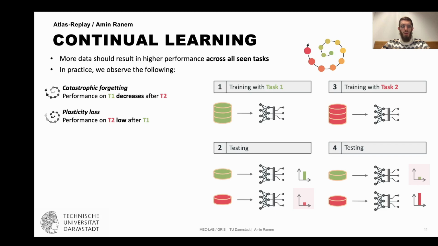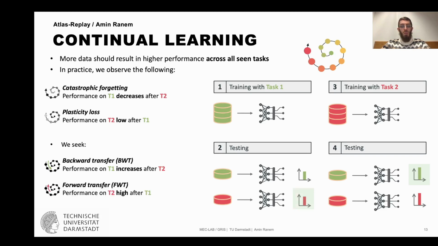That's of course something we want to mitigate in a continual learning setup, because we actually want a positive backward transfer, which means that we want to maintain the knowledge that we already acquired and also learn new information. And we also want to perform pretty well on unseen data sets, even though we haven't trained on them, which is known as forward transfer.